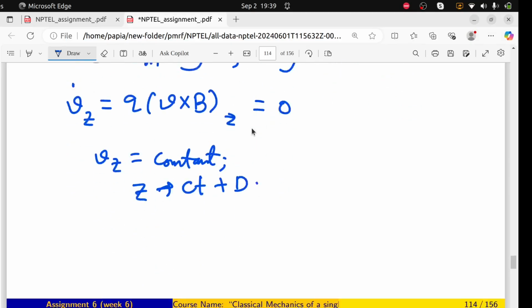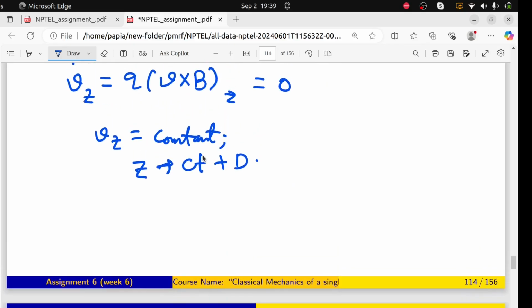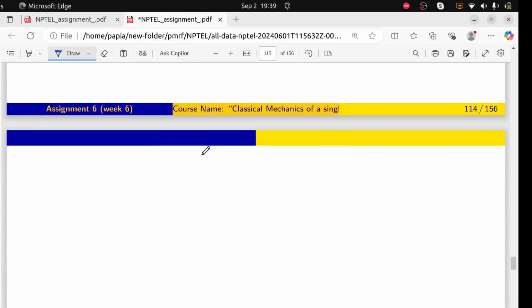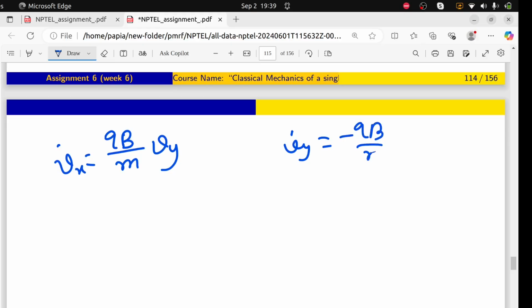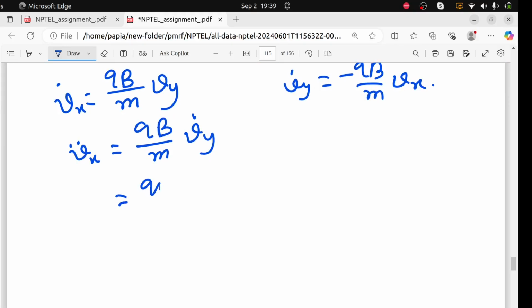Now coming here for Vx dot and Vy dot. Vx dot is qB by m Vy, Vy dot is minus qB by m Vx. Now you can see that these two are coupled equations, so I can write Vx double dot as qB by m Vy dot, and Vy dot is minus qB by m Vx.